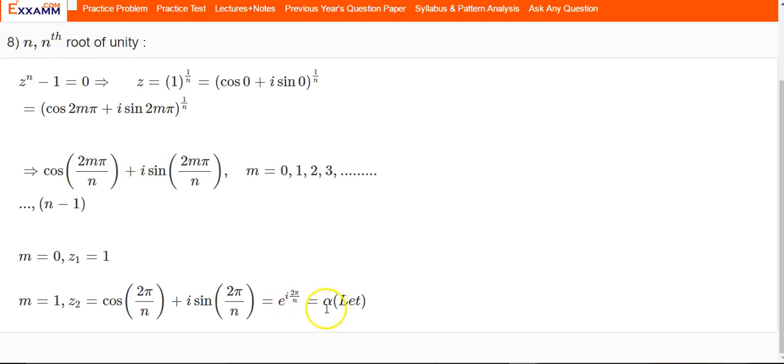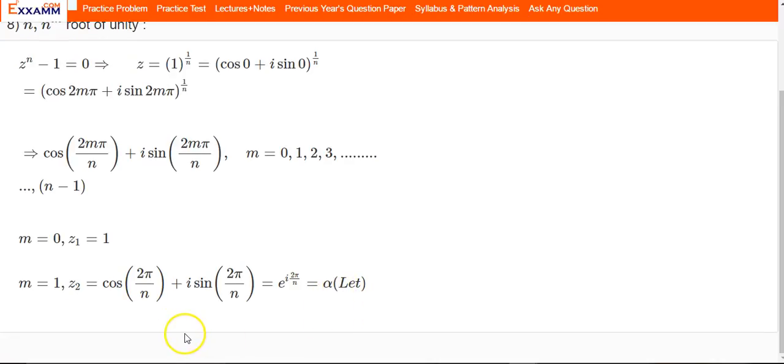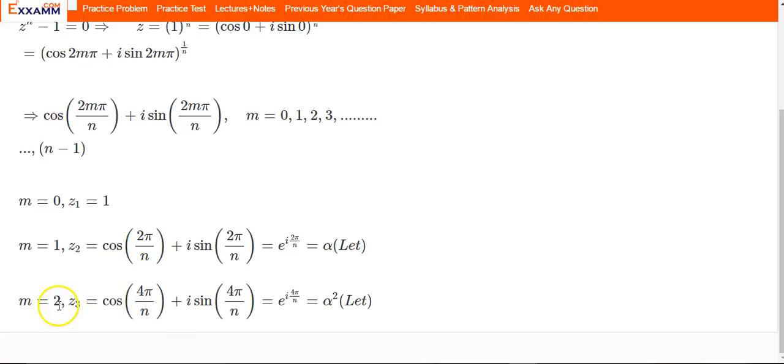If we say it is alpha, then what is the value of z3? M is equal to 2, we get z3 is equal to cos 4 pi by n plus i sin 4 pi by n, which is e to the power i 4 pi by n, which is equal to alpha square.